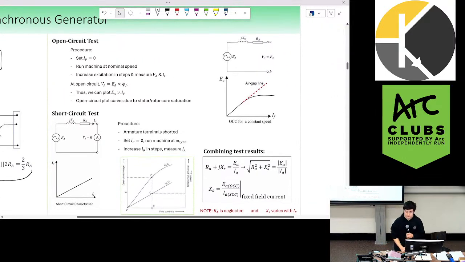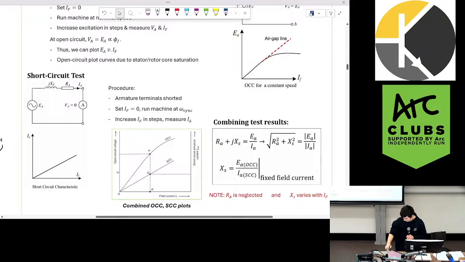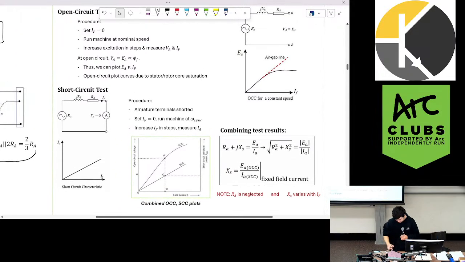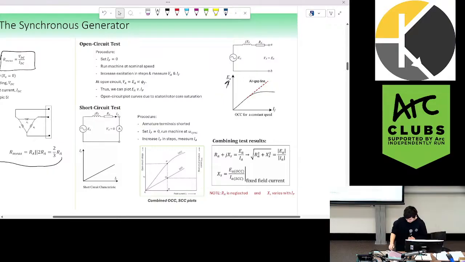Next up, we have the open circuit and short circuit tests. These give us two different characteristics, which we can see just in the green highlighted box. The main thing to point out here is we use the open circuit characteristic to determine the voltage according to the field current. That is the voltage at the terminals, which in our open circuit is going to be equivalent to EA, which is our excitation at the armature.